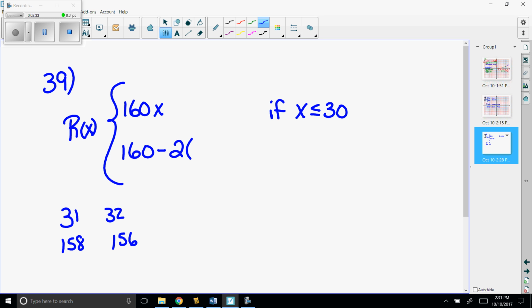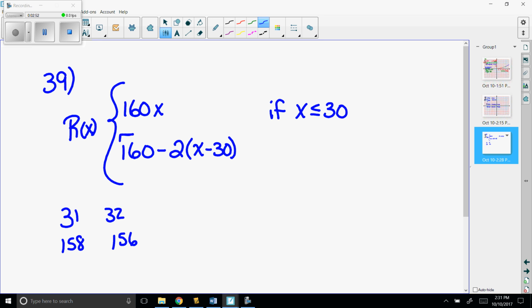So if I have 31, it's 1. If I have 32, it's 2. If I have 33, it's 3. X is the number of people, so X minus 30 tells you how much over 30 you are. You take that times 2, and then take that away from 160.